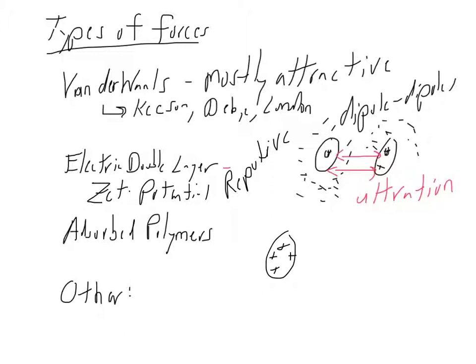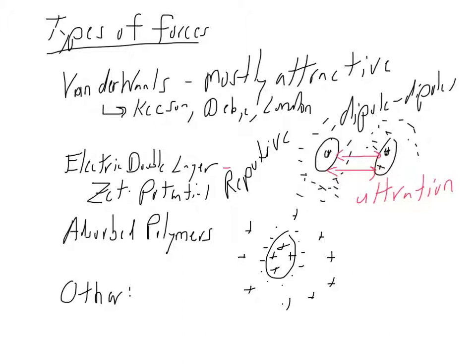And what that's going to do is that's going to attract negative surface charges that are going to put a single layer across the surface. And then those charges in turn are going to be attracting a cloud of positive charges around that particle. And these charges are going to interact with each other in different ways.